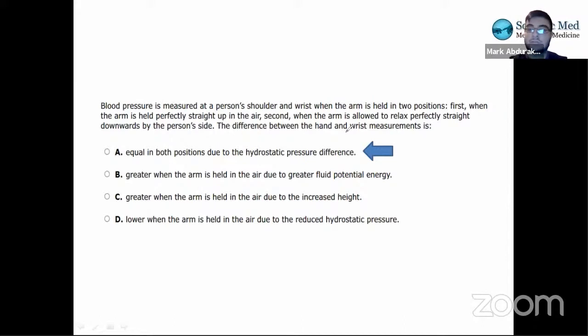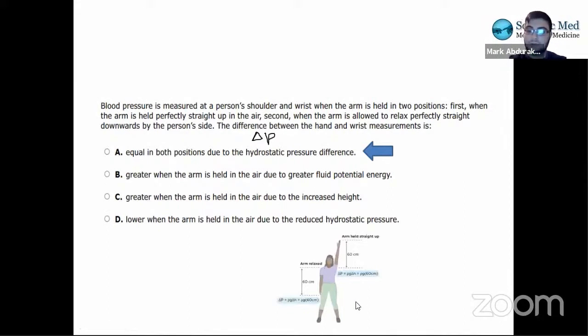The difference between the head and shoulder measurements is delta P. It's the difference between the wrist and the shoulder in one position. So the difference when it's up versus the difference when it's down. I think Jack West had a really good diagram to explain this, right here.